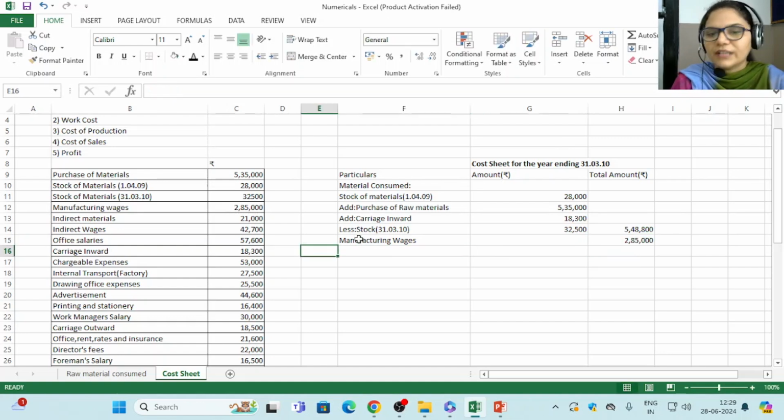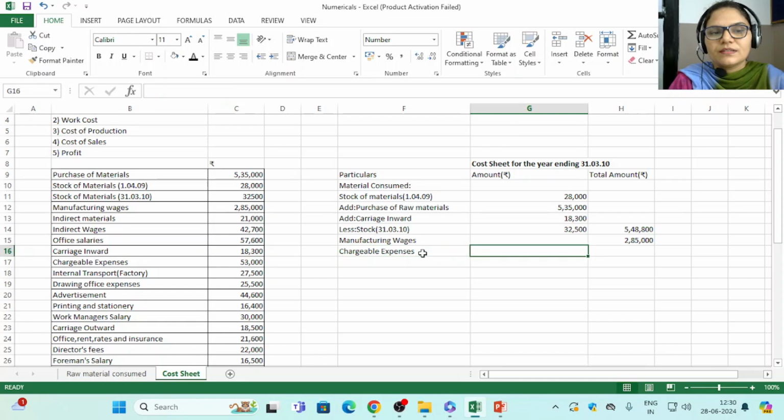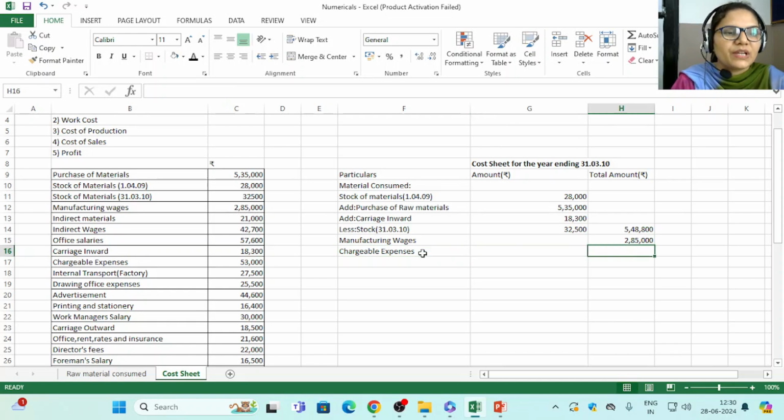Next is your chargeable expenses. You can see in the question 53,000 chargeable expenses. Chargeable expenses are your direct expenses, we have discussed in the previous session, which is 53,000.